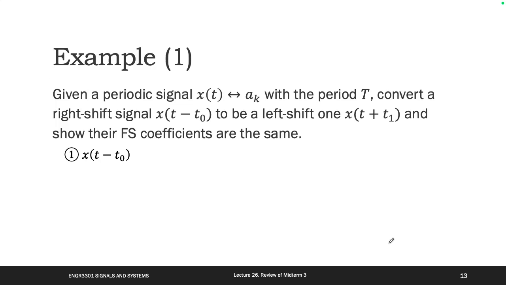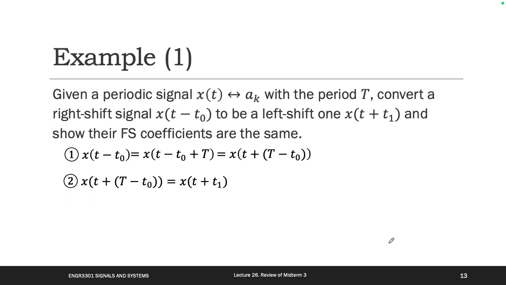We have this signal. Because any periodic signal, if you time shift it, is still periodic, am I right? So we have this one, and then we have this one. That makes sense to you? Just change the order, and then we will have this one.